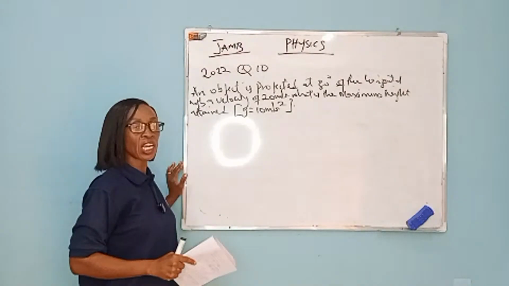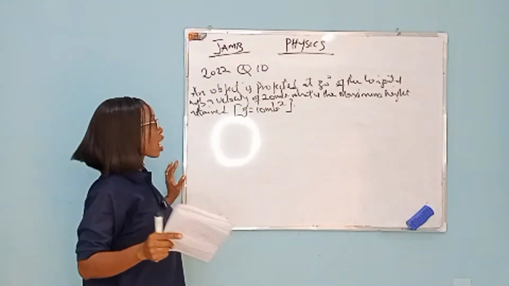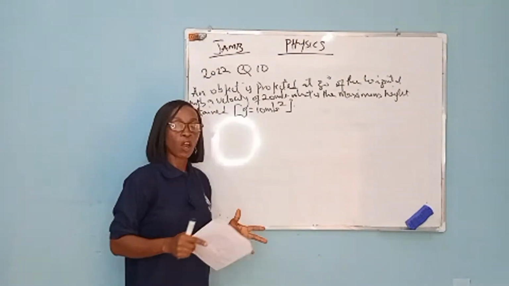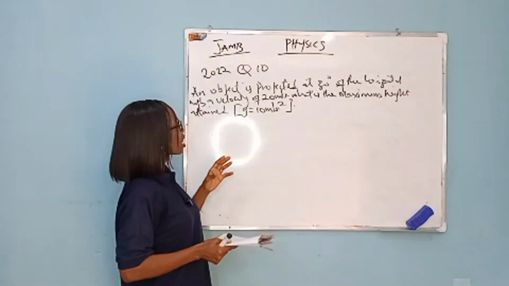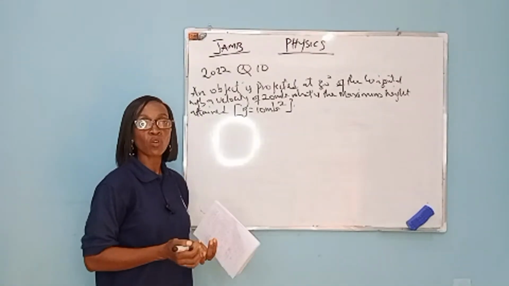This is from projectile. At this stage in projectile, you should know the formulas for calculating the maximum height, the range, and the time of flight. These formulas should be embedded in you. But in this case, we are asked to find the maximum height. So what is given?